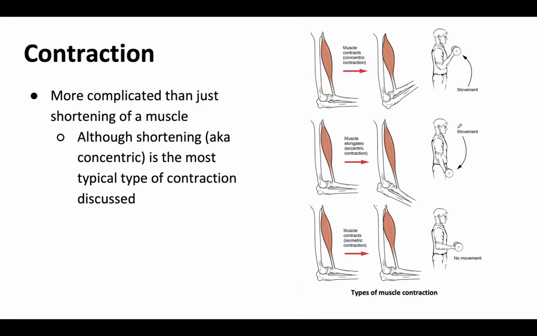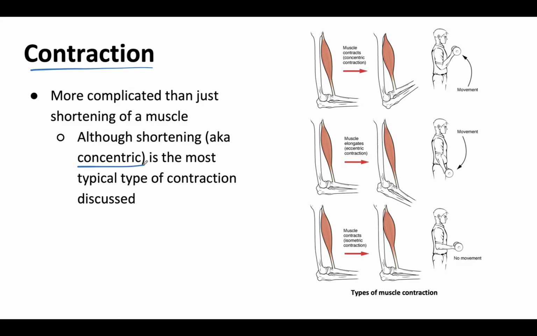All right, so let's talk through this term contraction. We have probably heard this our whole lives. It's a bit more complicated than just shortening of a muscle, although when we are discussing the actions of individual muscles in upcoming videos, I am talking about their actions when the muscle is shortening, aka concentric contraction.